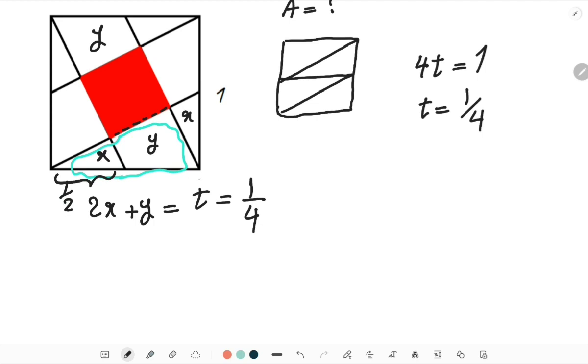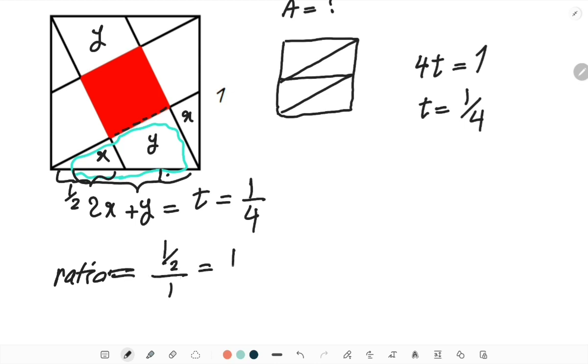And for the bigger triangle, this bigger side is 1. So the ratio is 1 over 2 over 1, which is 1 over 2 between these two different sides.